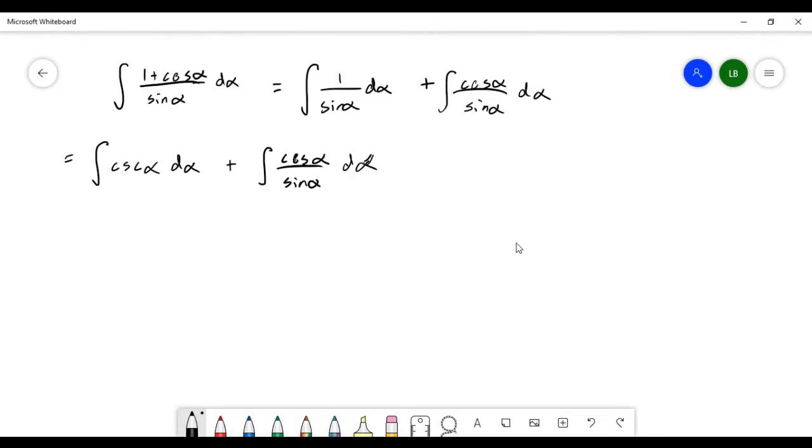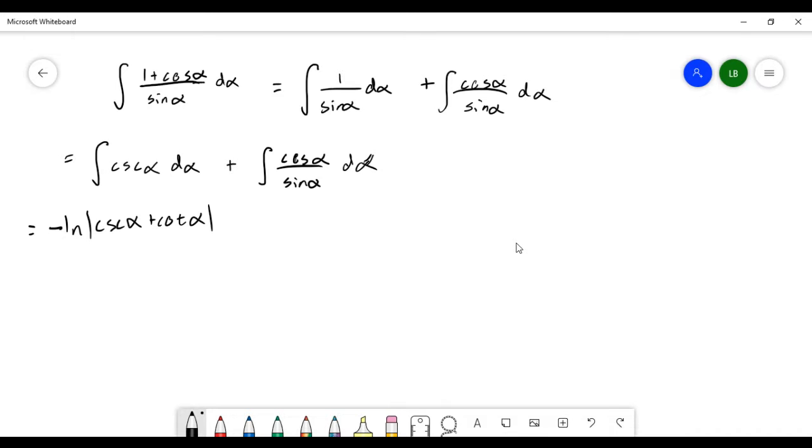The integral of cosecant is something you should ideally memorize because it's a very long and drawn out process to actually integrate. Anyway, the integral of cosecant comes out to be the negative natural log of cosecant alpha plus cotangent alpha.